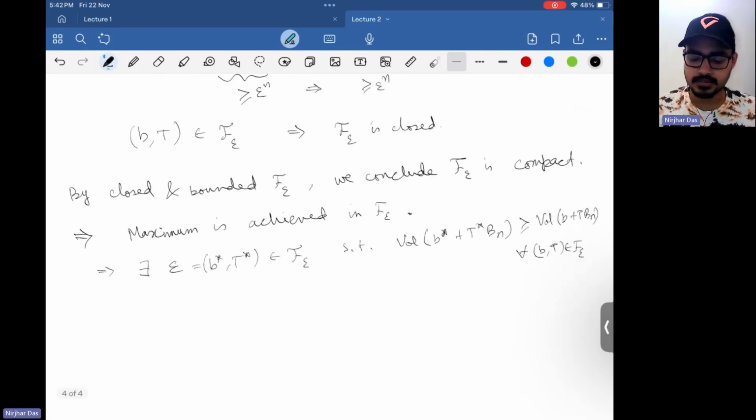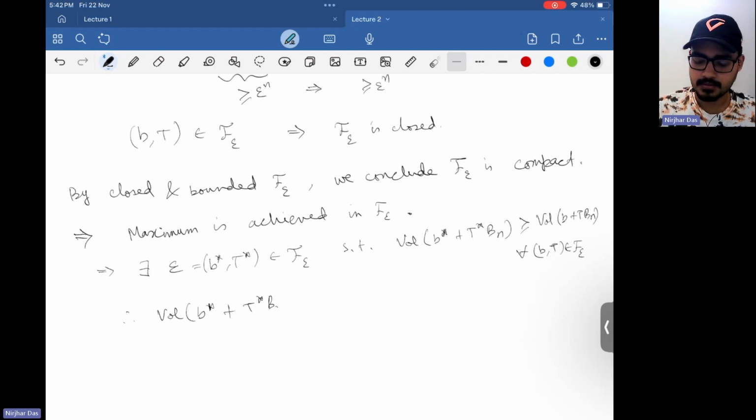So this shows that this happens, and what we know is that all ellipsoids in this set F of epsilon have volume at least epsilon power n times volume of Bn. Therefore, the volume of b star plus T star times Bn is at least epsilon power n times volume of Bn. And let's now look at the complementary set of F of epsilon. On this complementary set, what do we have?